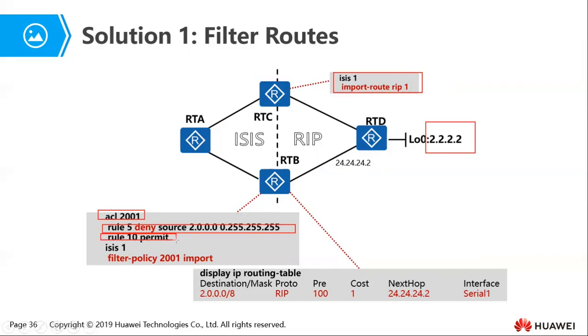Then the last one is the permit there. Then we go into ISIS 1 and we say filter-policy 2001 import. So we are simply saying that RTB should not learn about this network.